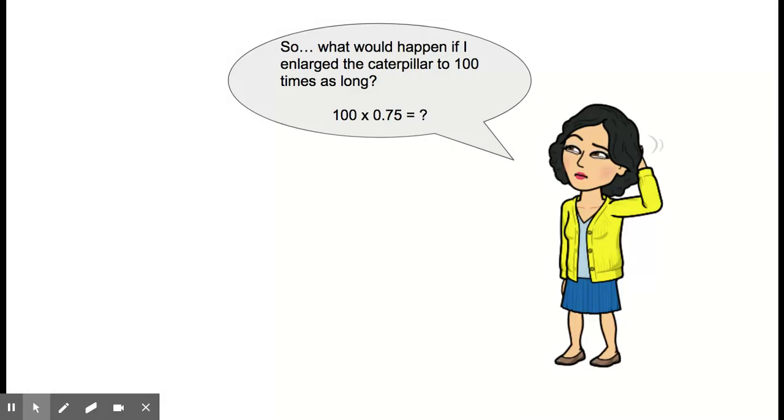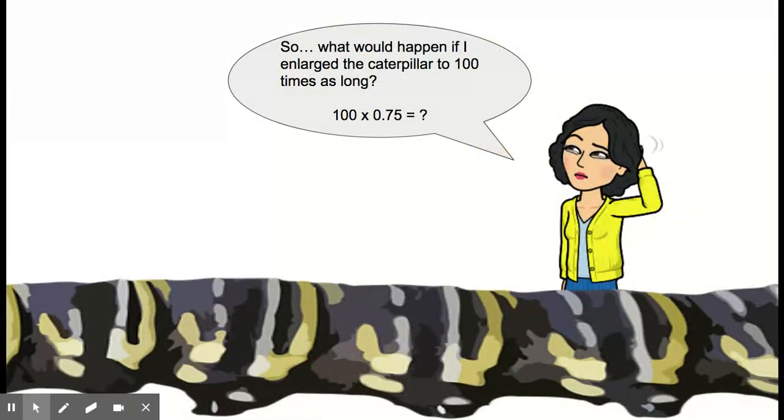So what would happen if I enlarged the caterpillar to 100 times as long? What would 100 times 75 hundredths look like? Bigger than our screen.